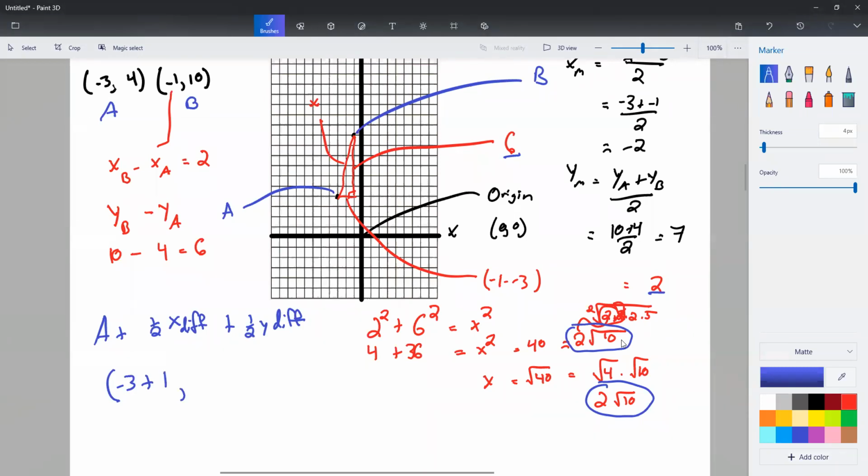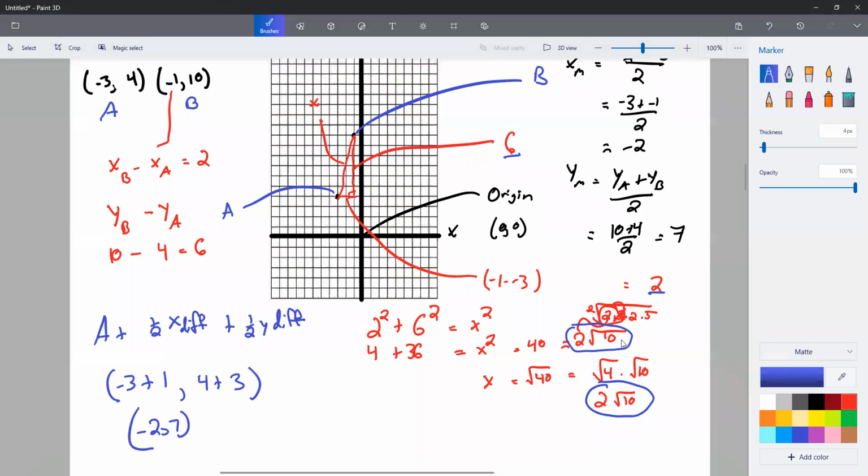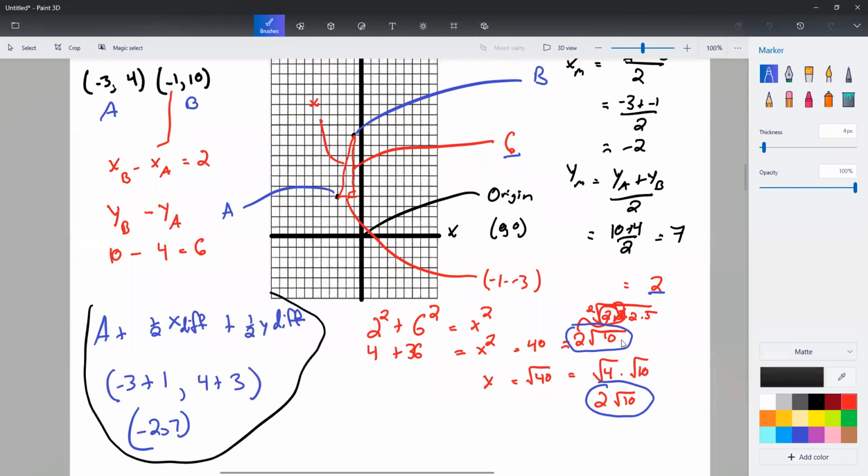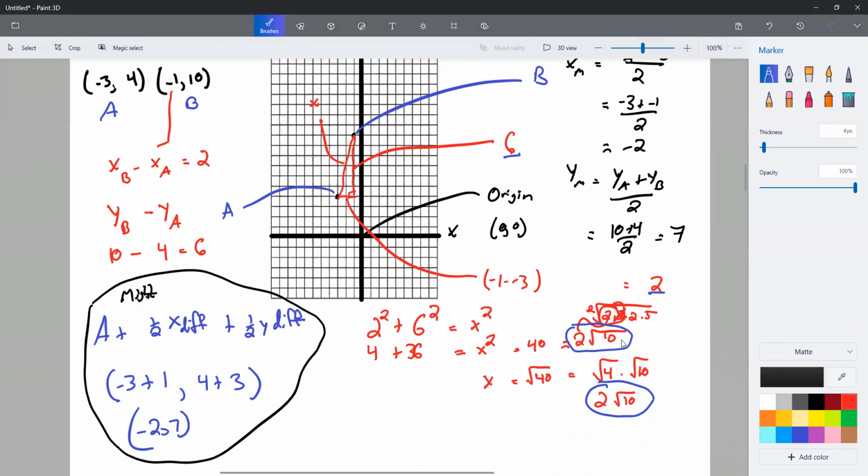And then you get 4 plus, instead of 6, you would give it 3. And that will also give you -2, 7. So there are two different ways. Quite honestly, this method right here confuses a lot of people, so you might not want to use it.